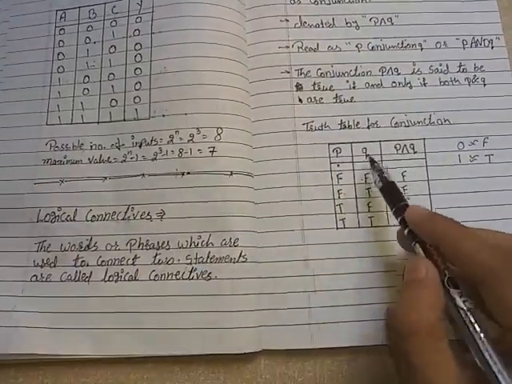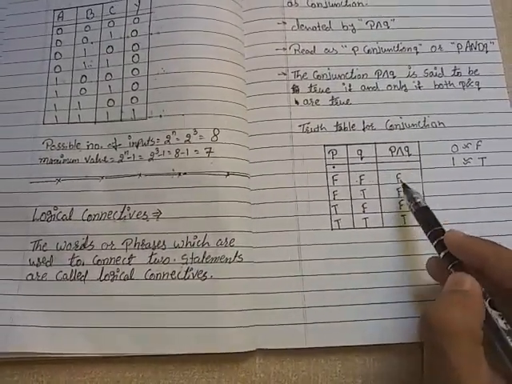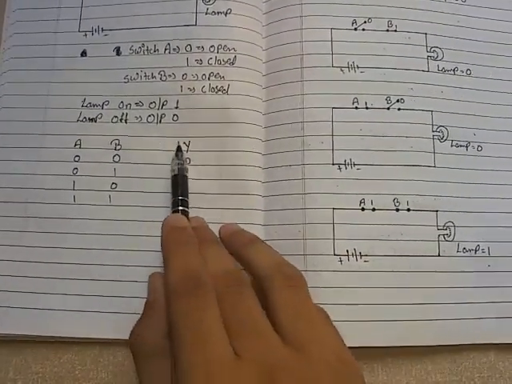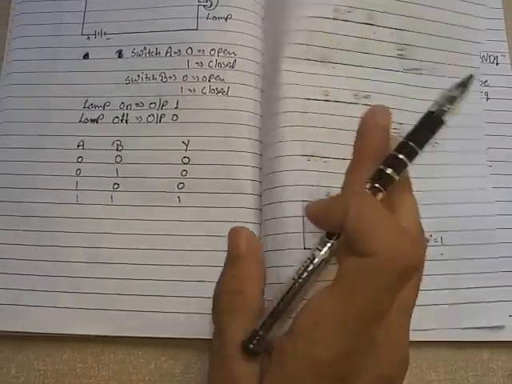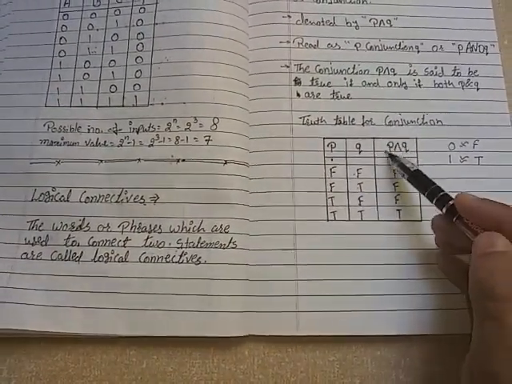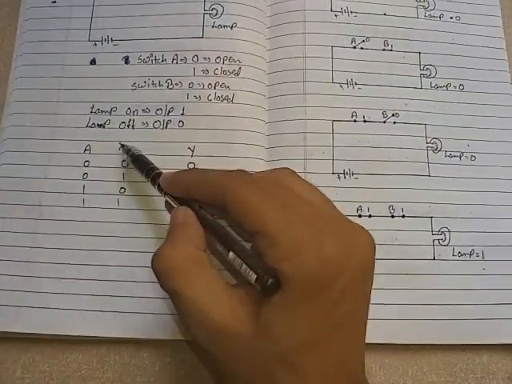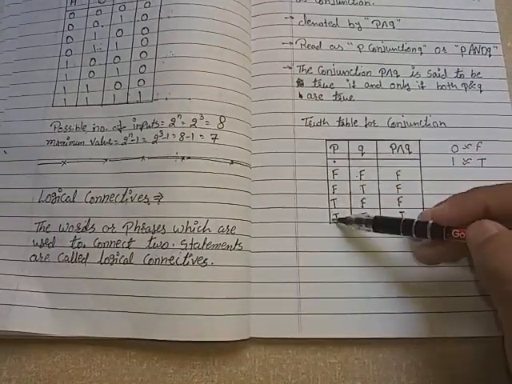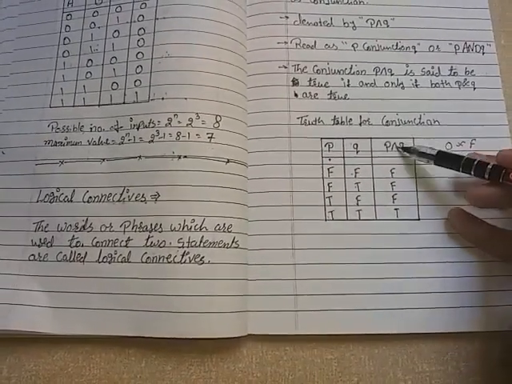When p is F, q is T, p and q is F. When A is 1, B is 0, Y is equal to 0. When p is T, q is F, p and q is F. When A is 1, B is 1, Y is 1. When p is T, q is T, p and q is T.